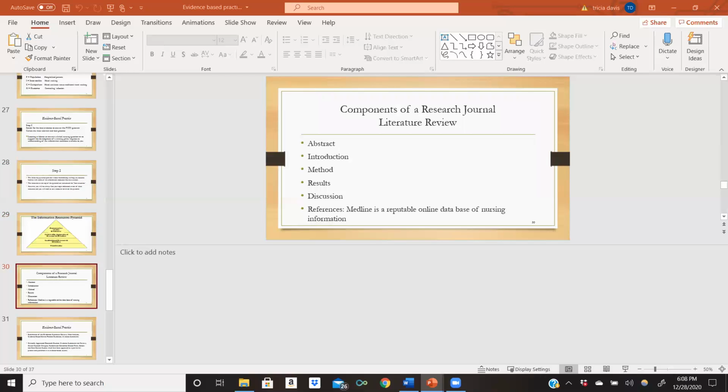So the components of a research journal when you're doing a literature review. We're going to talk about the abstract, introduction, method, results, discussion, and then references. Your abstract is at the beginning of the article. It is usually on the front page, and it summarizes the entire article.